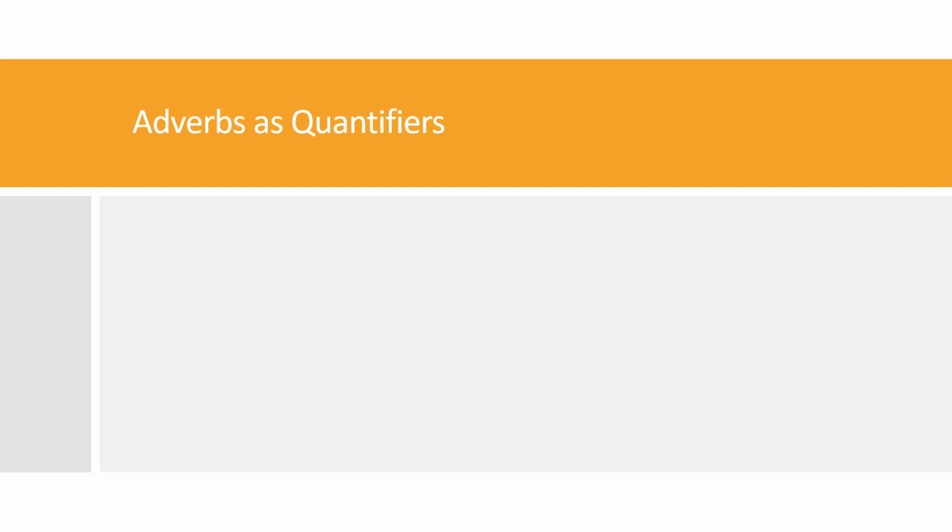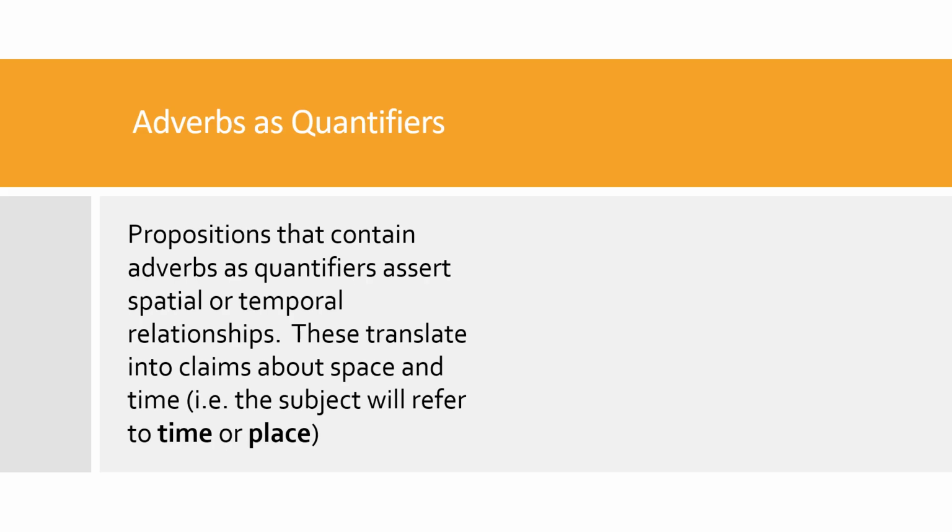Now we can also have adverbs that act as quantifiers. And this is going to follow a rule that's very similar to what we saw with pronouns. But we'll see we're going to have to convert our subject term into something a little bit different. So propositions which contain adverbs as quantifiers. Now again, it's very important that the adverb is acting as your quantifier, that it's quantifying your subject, or it is trying to answer the question, what kind of relationship does the subject have to the predicate?